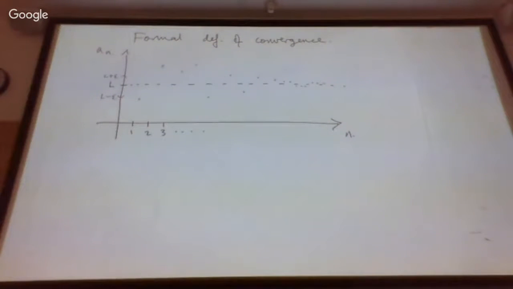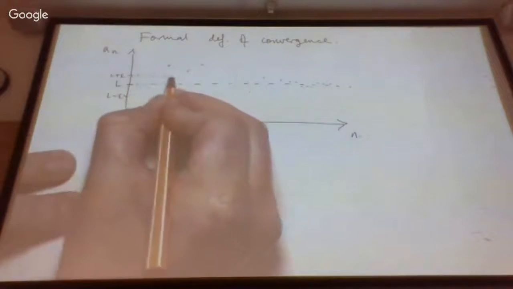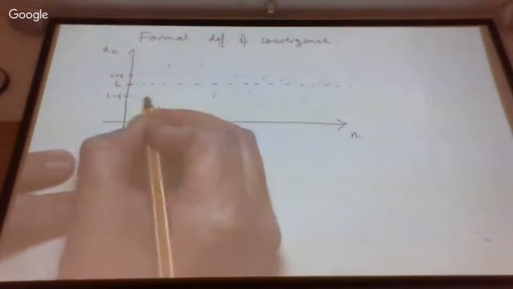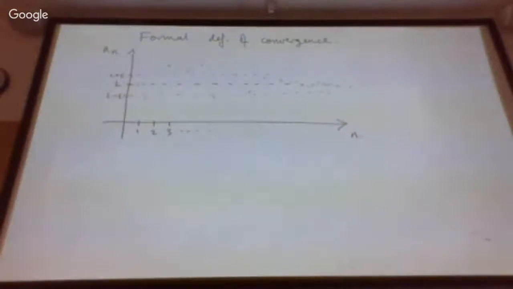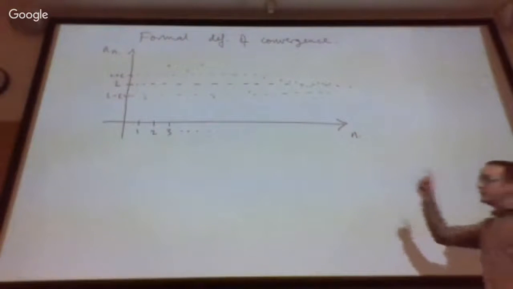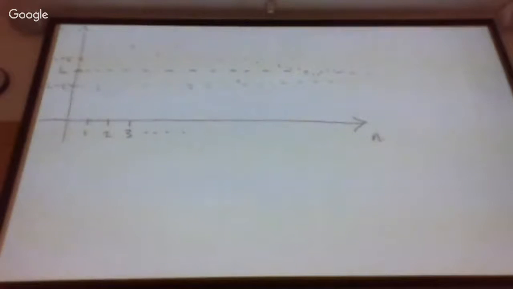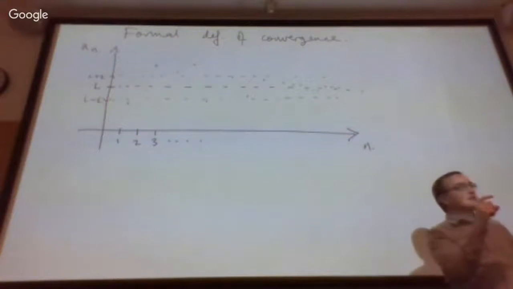And the formal definition is saying, well, for every value of epsilon, so if someone throws an epsilon at you, if this sequence is going to be a convergent one, there must be some point after which the sequence elements are always within that distance epsilon of the limit.